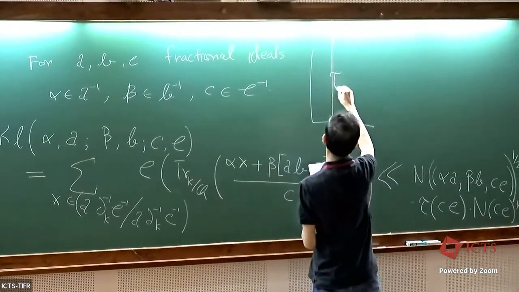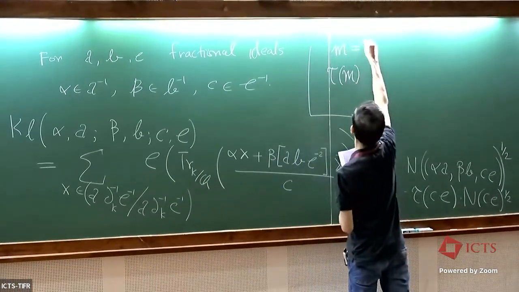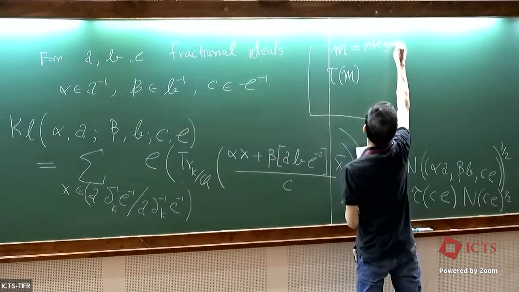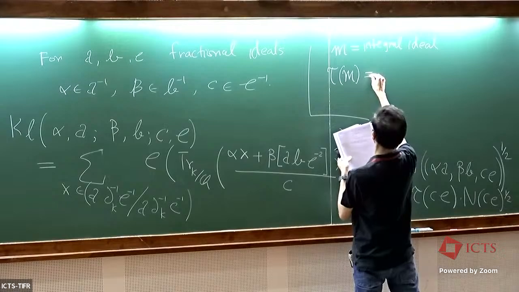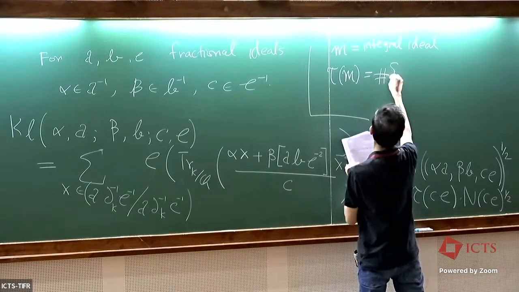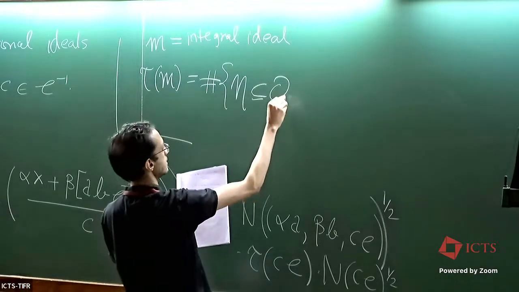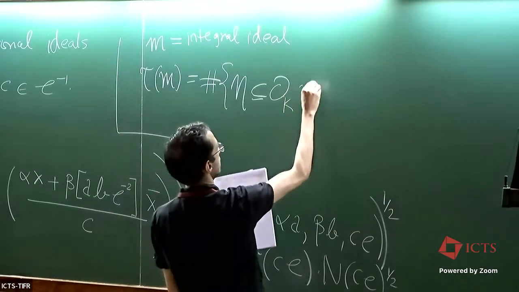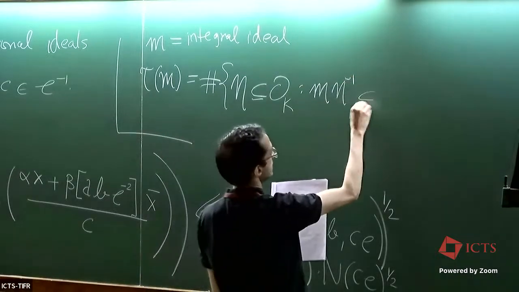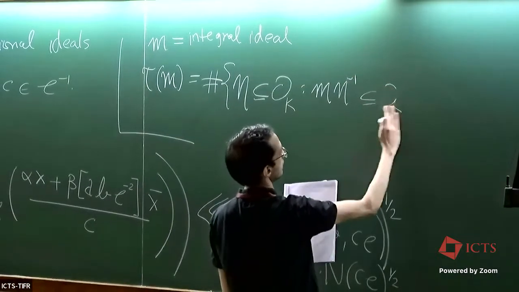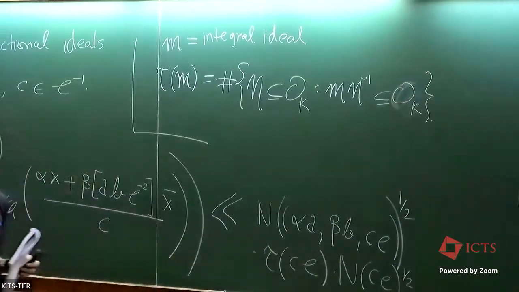Here, tau of M. So if M is an integral ideal, then this tau of M is basically the number of integral ideals such that you look at this fractional ideal M n squared itself has to be an integral ideal.